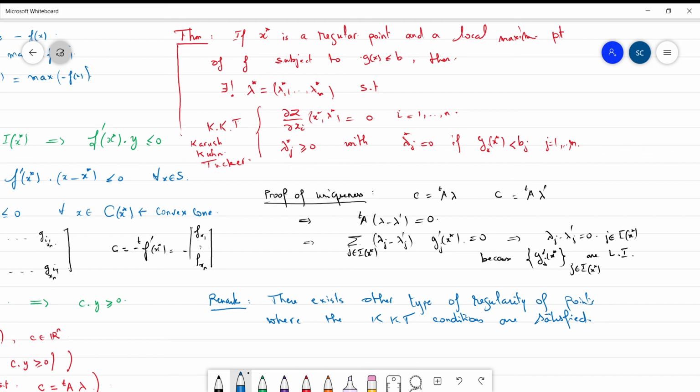For example, if you have linear constraints, it will work. Okay, so we have this.